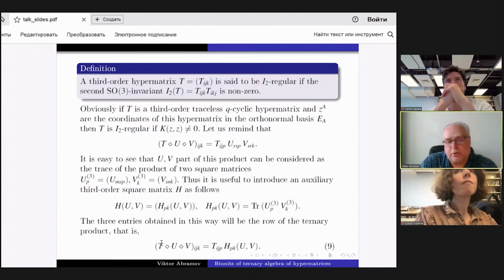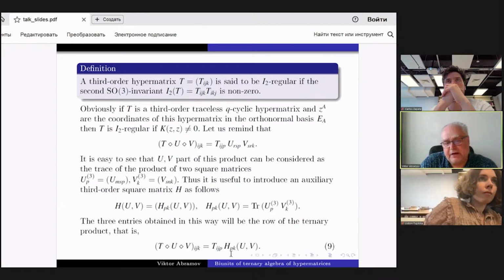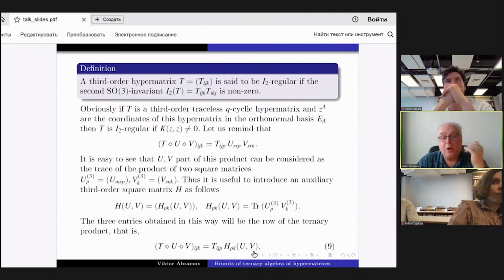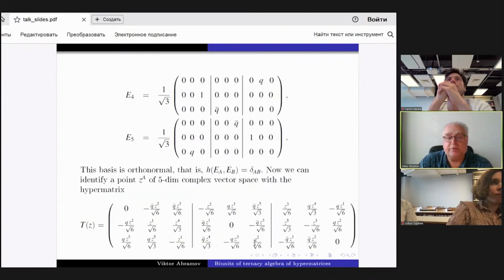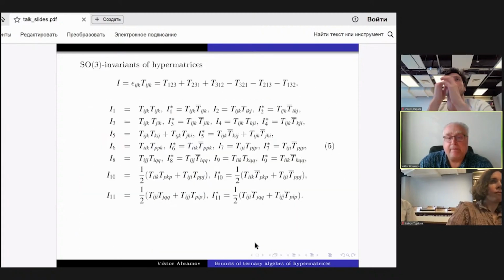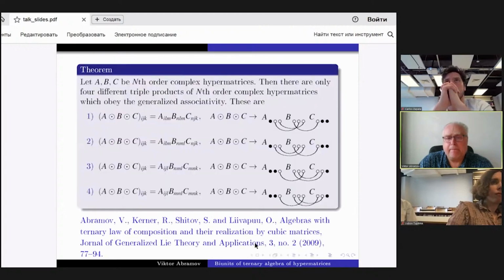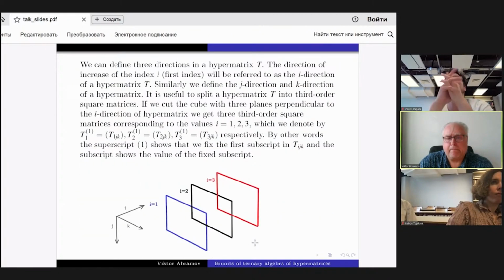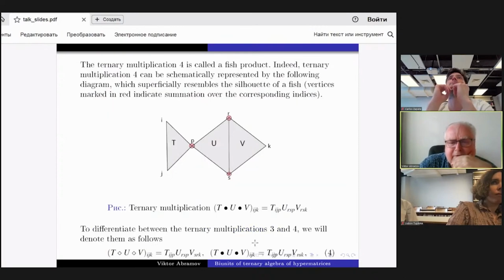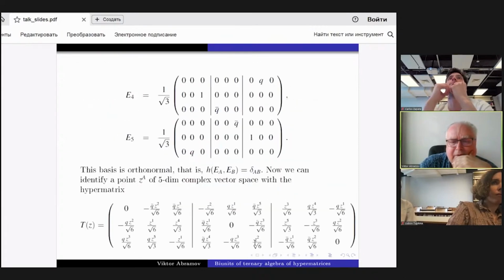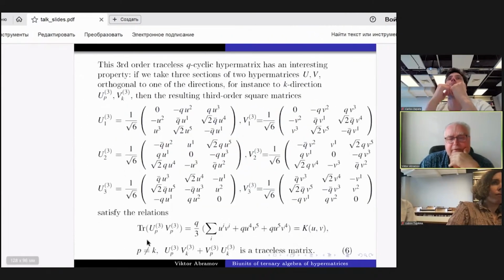And now the whole triple product can be written here at the right-hand side. So I have this auxiliary matrix H. But now I remind you that these matrices have a nice property, which I showed before. Yeah, here, this property. So when these subscripts are equal, I have this bilinear form.